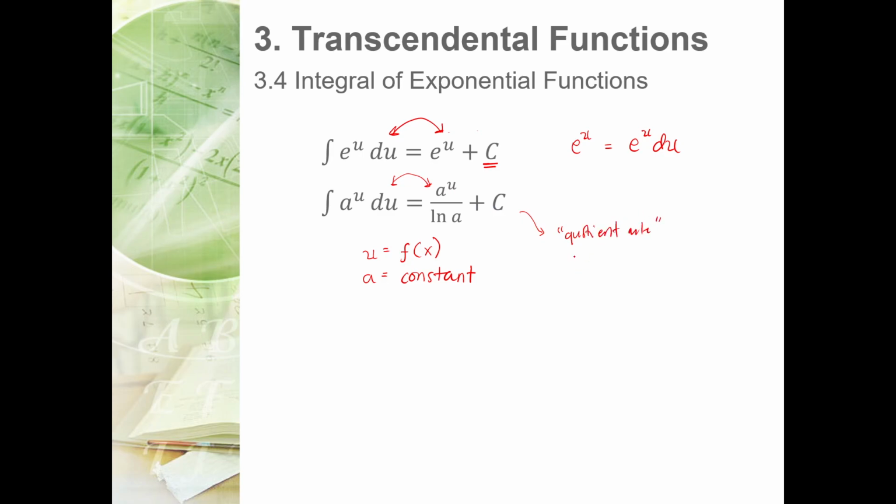If you recall your derivative, we have v du minus u dv all over v squared.